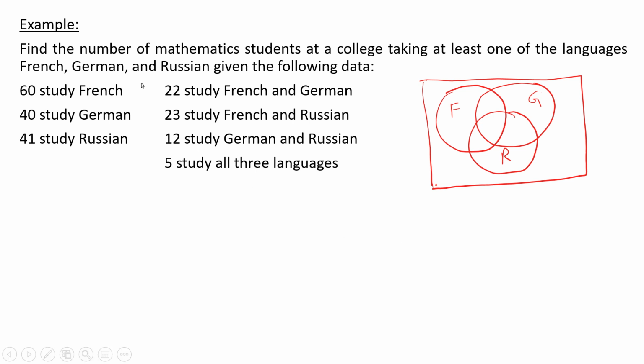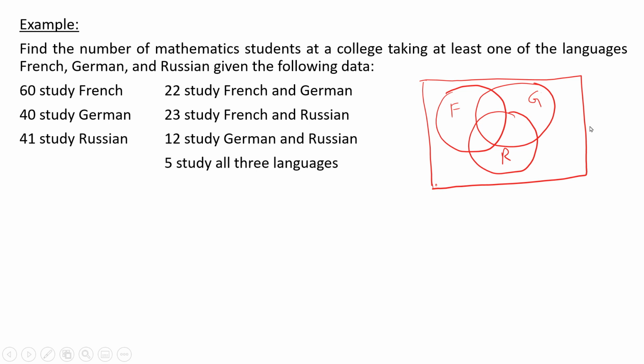Let's take an example. We have to find the number of mathematics students at a college taking at least one of the languages French, German and Russian, given the following data. 60 students study French, 40 study German, 41 study Russian, 22 study French and German, 23 study French and Russian, 12 study German and Russian, and 5 study all three languages.